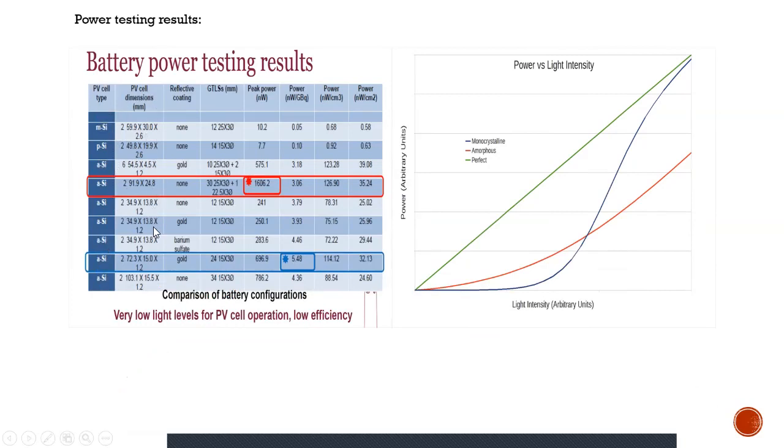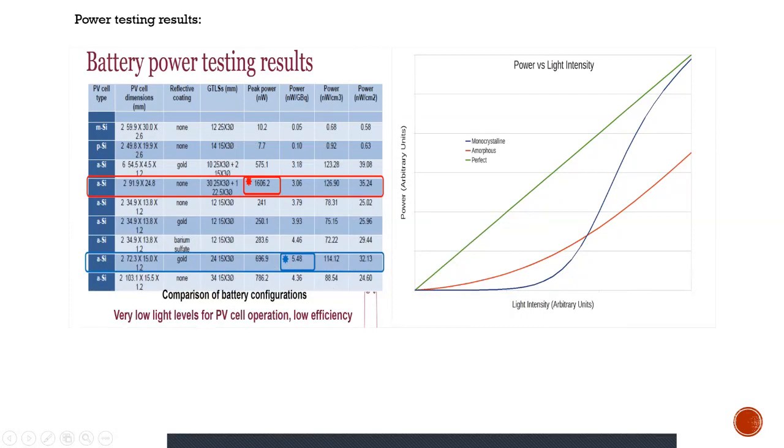They have different dimensions, different reflecting coatings, different sizes and all of that. They have different peak powers, and different power figures according to their shapes and sizes. So we can have all the results, choose from these power figures, and have a look at what type of battery is more feasible to be used.